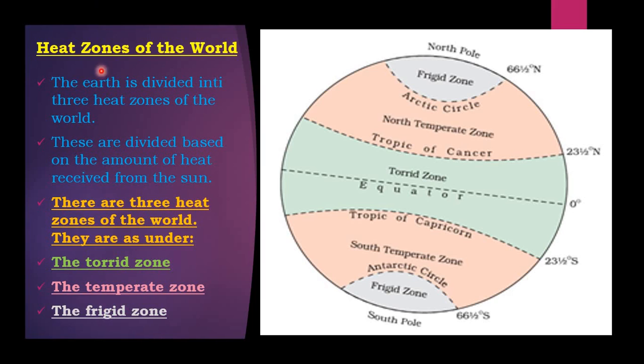So now let us study one by one. Of course, the earth is divided into 3 heat zones, and these are divided based on the amount of heat that they receive from the sun. First is the torrid zone, the temperate zone, and the frigid zone.